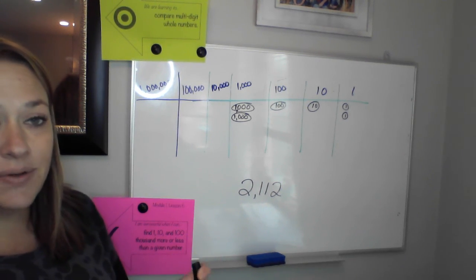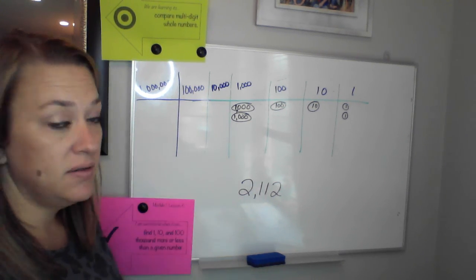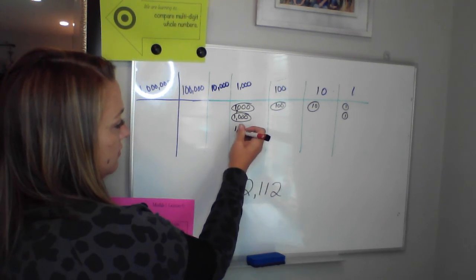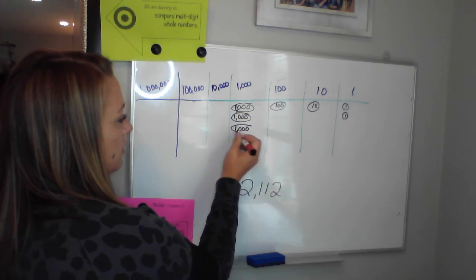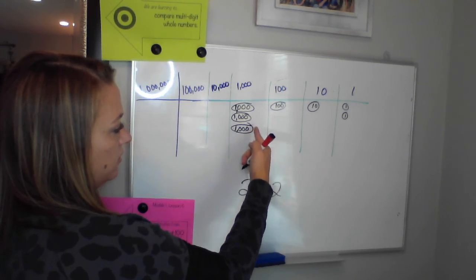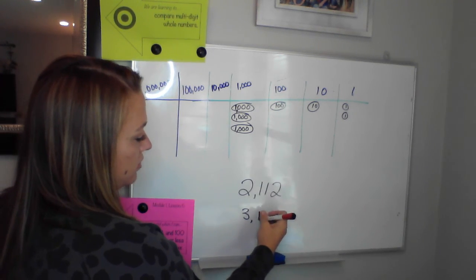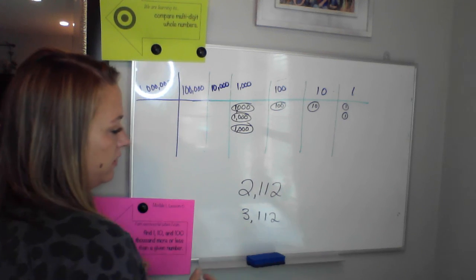Well, if I wanted 1,000 more, I'm just going to add 1,000 to my place value chart. And now I can rewrite that number as 3 thousands, 112.